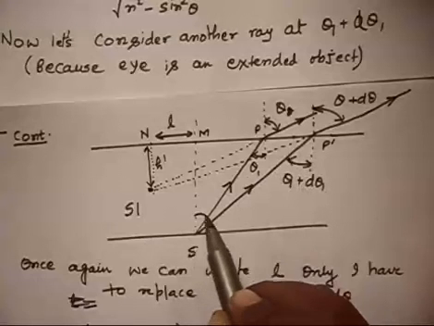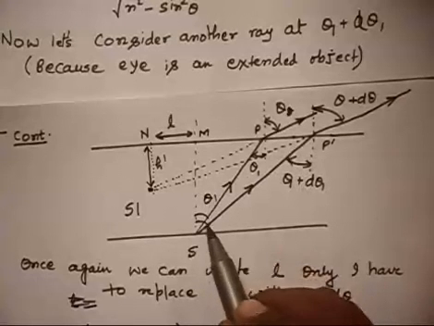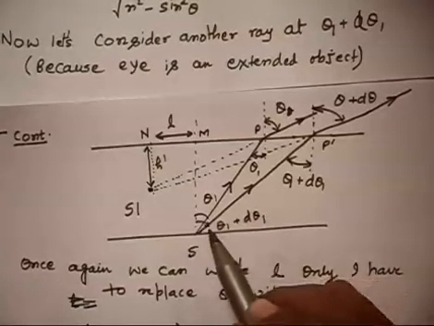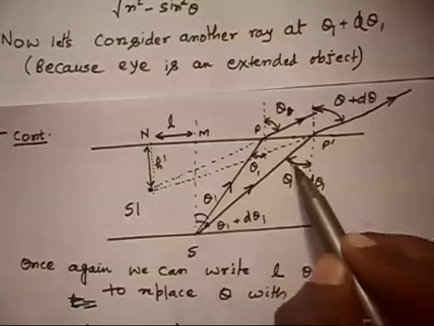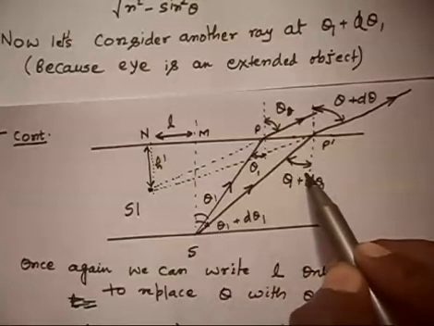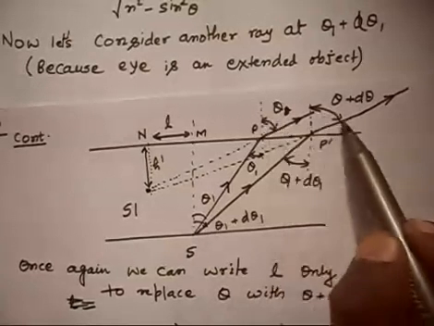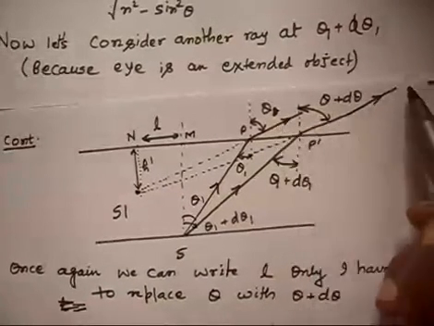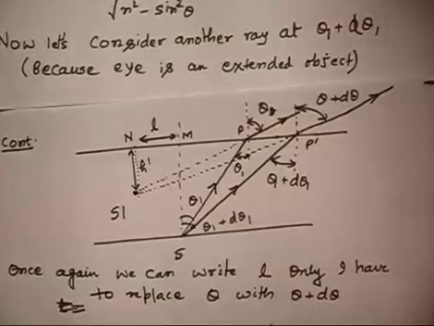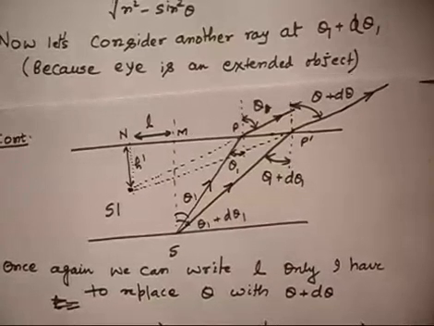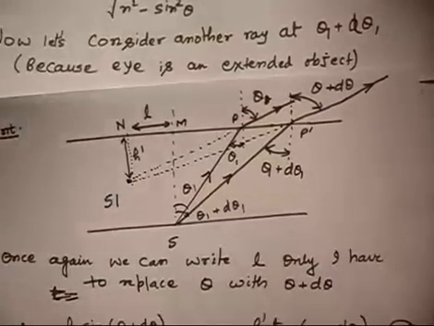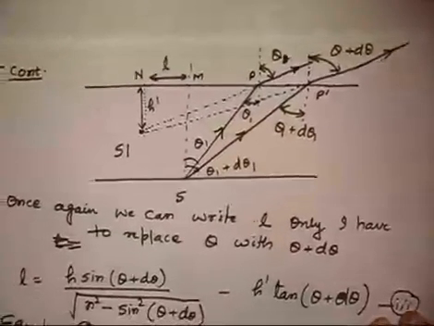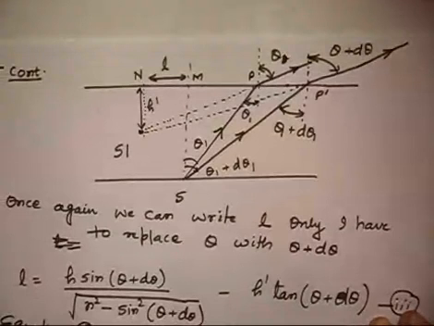So this angle is theta 1, and this angle is theta 1 plus d theta 1. Now this angle is necessarily theta, so this angle is theta plus d theta. These two rays are going to the eye, because I can collect more than two rays, as this is an extended object. So let us draw this diagram and then we'll discuss further. And now things are very easy once you have understood all this.